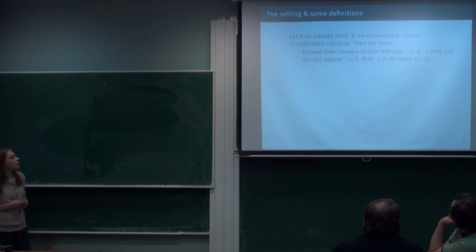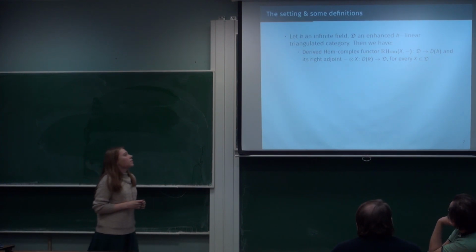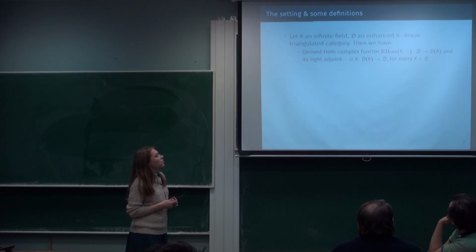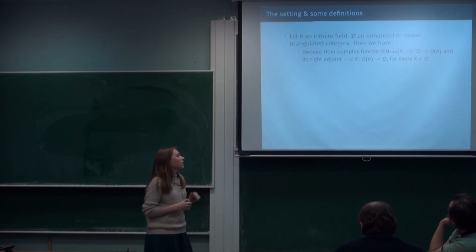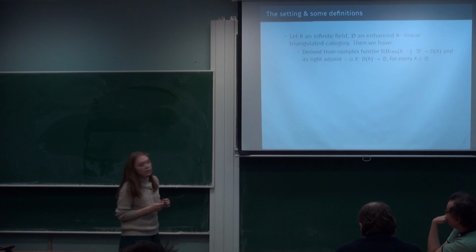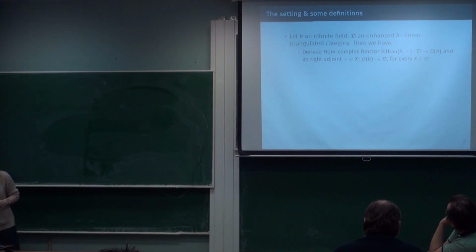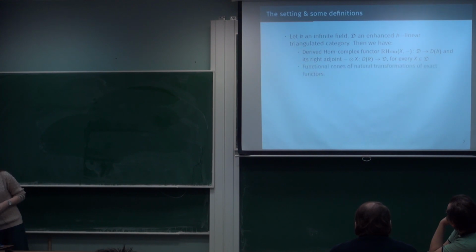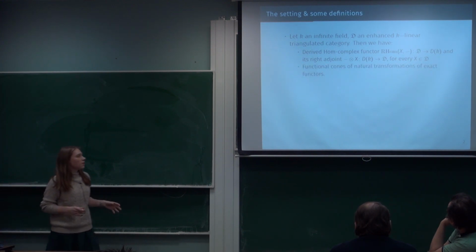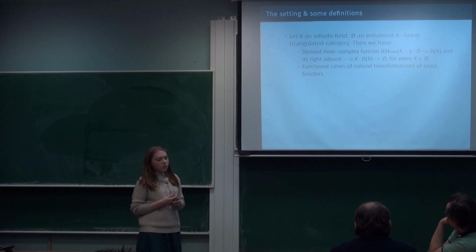And from this additional condition on my category, I need the following. So first, for every object X of D, I want the derived Hom complex functor RHom from D to the derived category of K-vector spaces, and I want it to have a right adjoint. Secondly, I want functorial cones of natural transformations of functors.